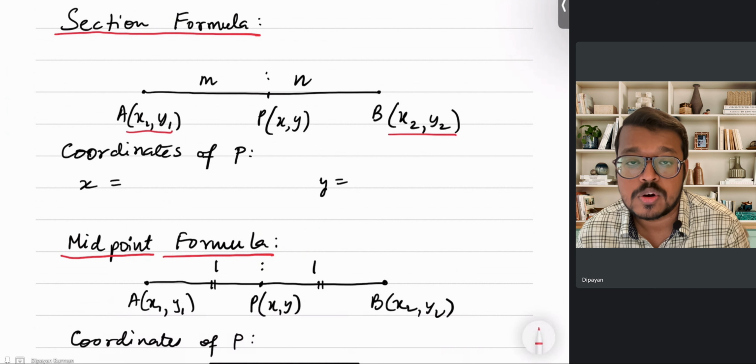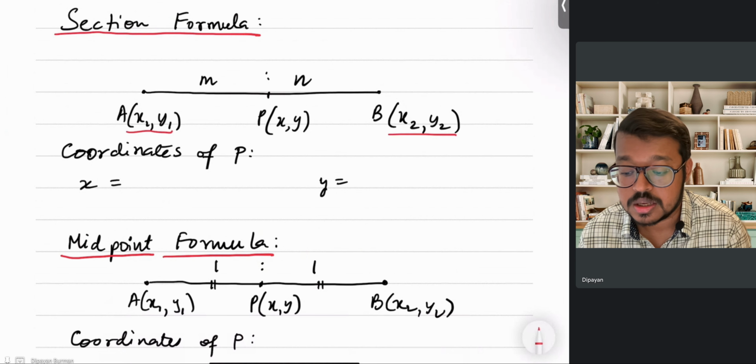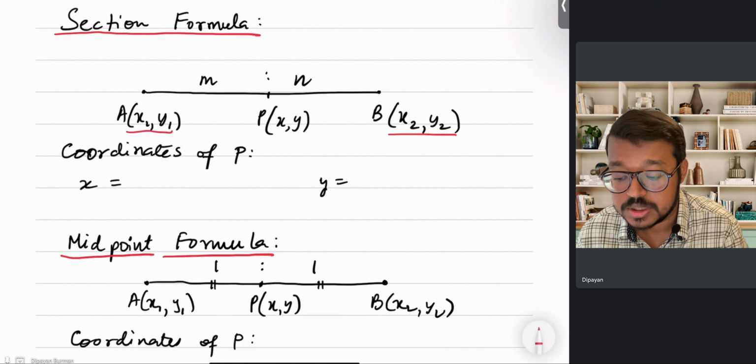According to section formula, we can find out the coordinates of point P, the x coordinate and the y coordinate, if I know the coordinates of the endpoints A and B and also the ratio of division, AP is to BP. With this given information, the x coordinate of point P we can find like this.